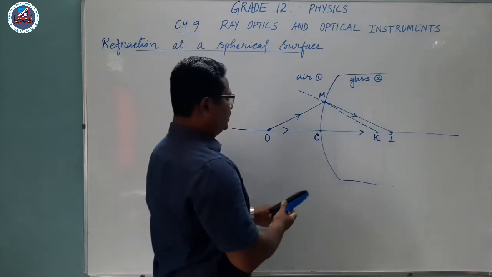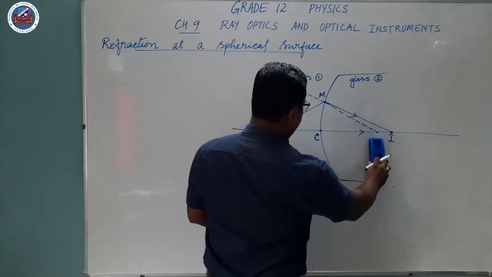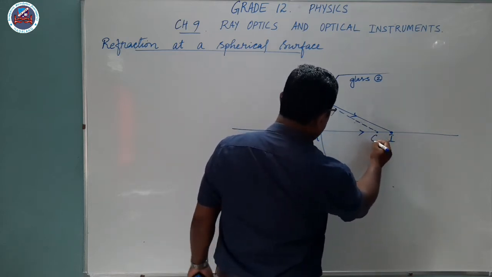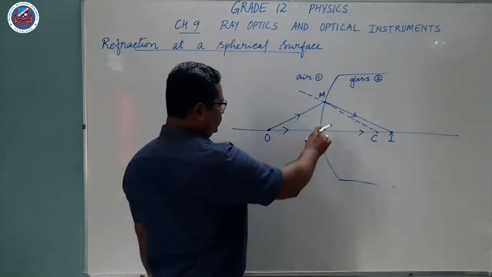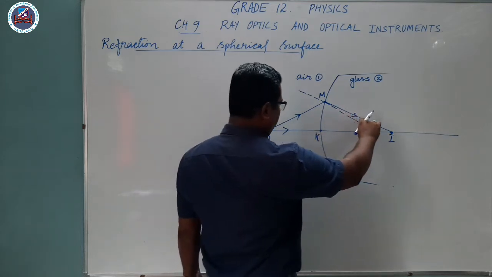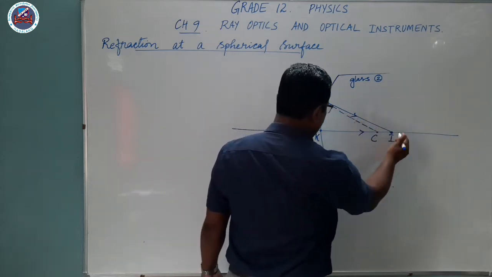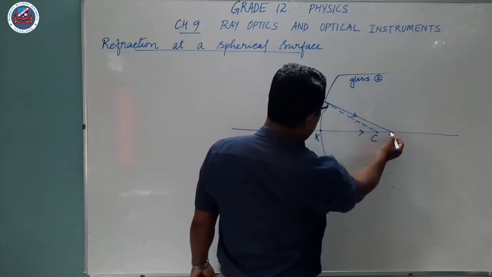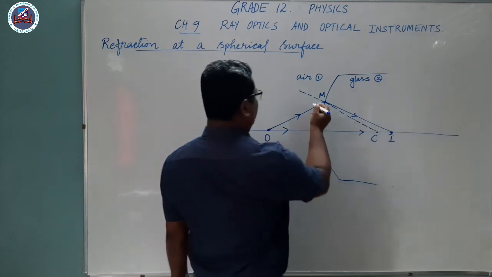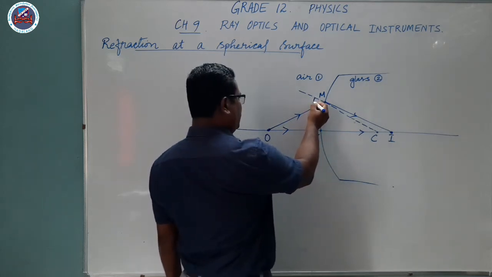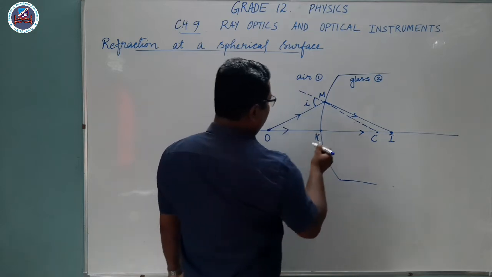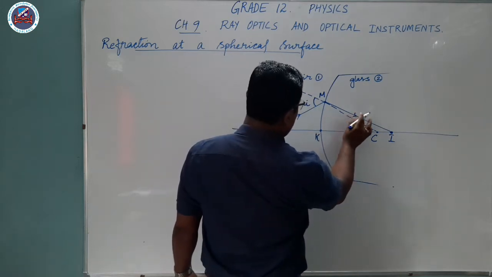Or we can keep K here and write the center of curvature as C. So these two refracted rays are intersecting each other at point I. Thereby a real image is formed at I. The angle that the incident ray makes to the normal, we call angle of incidence, I. And the angle that the refracted ray makes to the normal, we call angle of refraction, R.